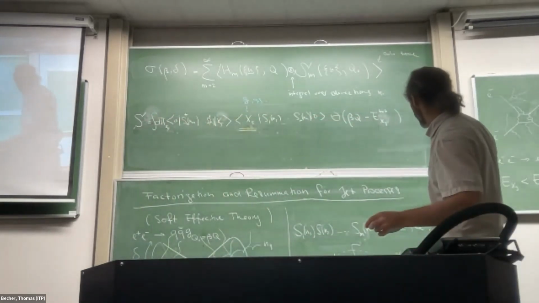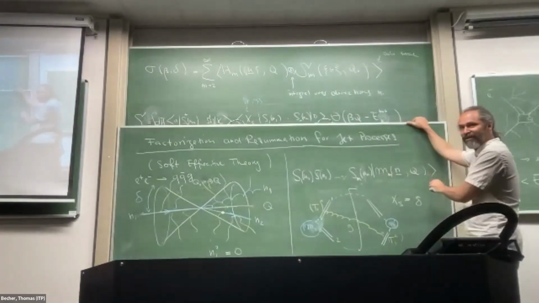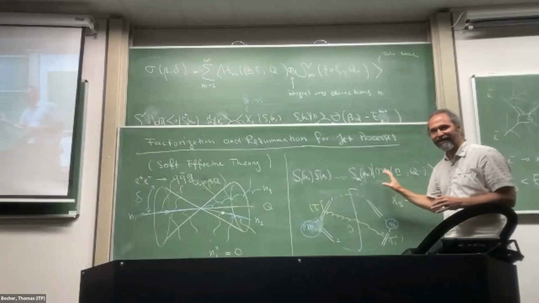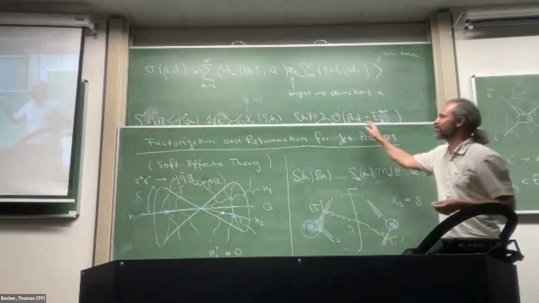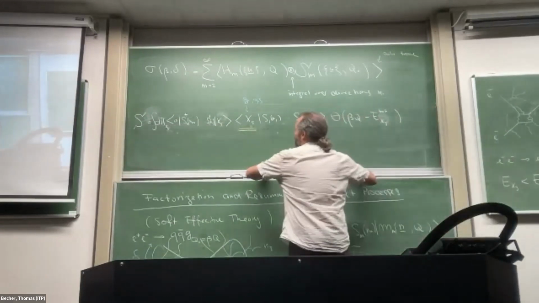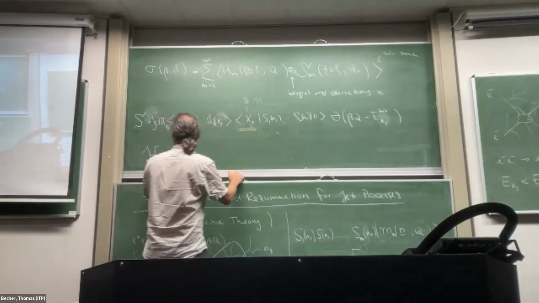Now for the amplitude, we have this color space bracket notation, but I'm not allowed to immediately contract these color indices because all these Wilson lines act on them, they all change. So this hard function here looks like this.